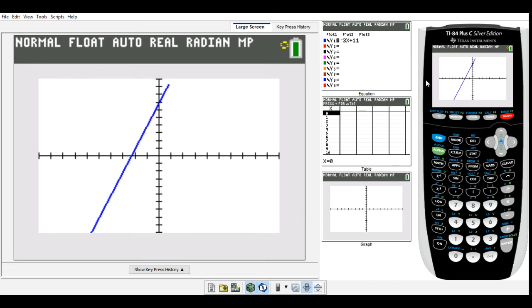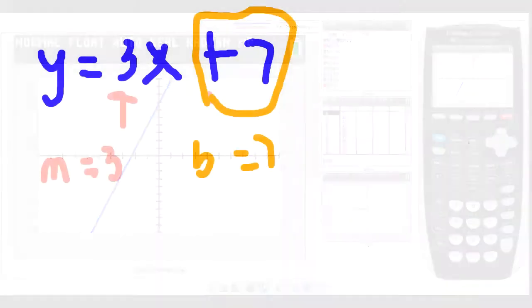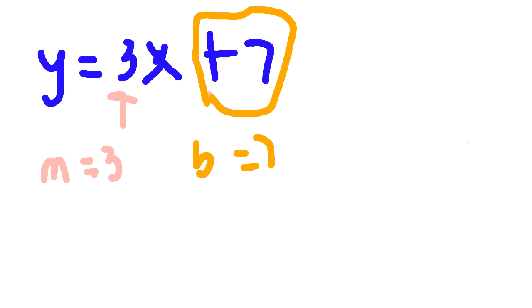Alright, so my starting point, my y-intercept, is literally right here. This little spot right there. That's my y-intercept. And then the slope is 3. So the starting point is your y-intercept. Alright, let me do one more for you real quick. Let me erase this.